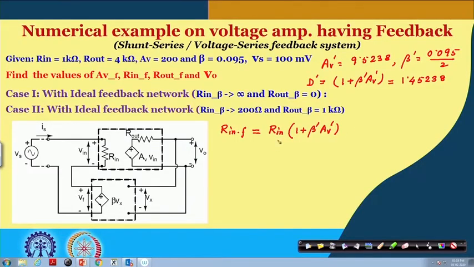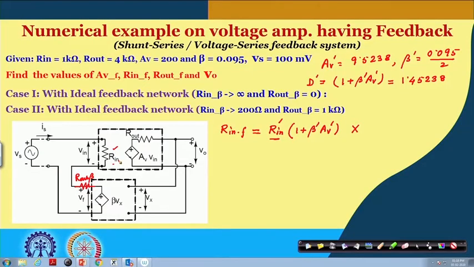No, this R in represents only this resistance. In fact, there are two alternate approaches. So, definitely this is not correct. We should consider the corresponding R in dash. And what do we mean by R in dash? We have to consider this R out beta also along with this R in.